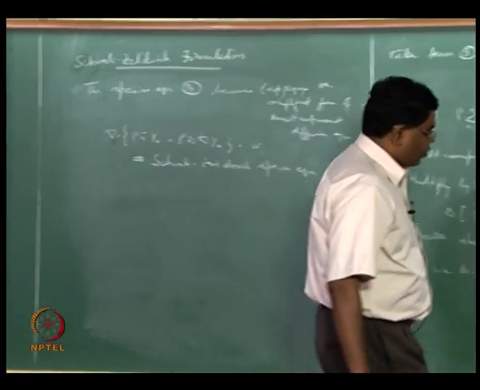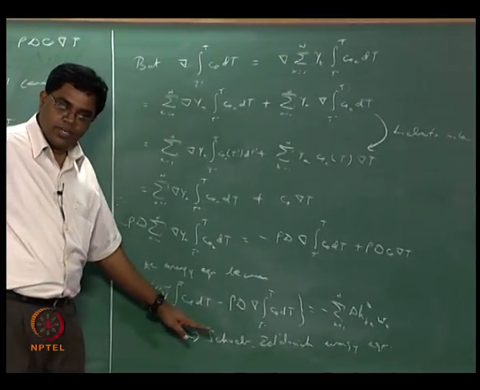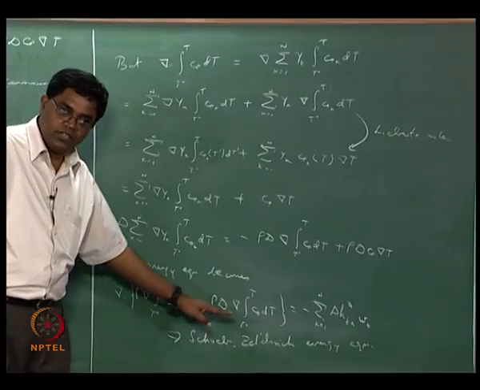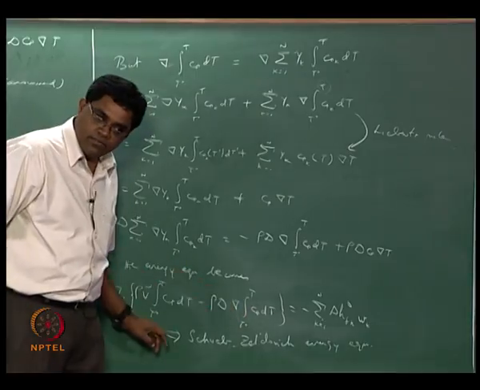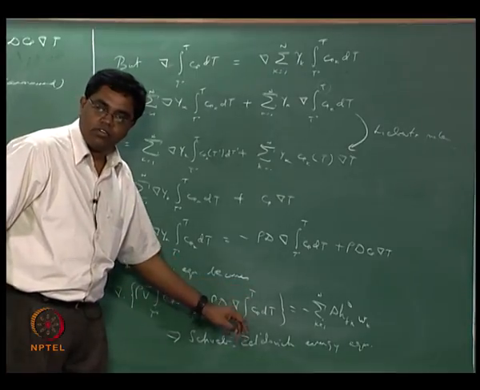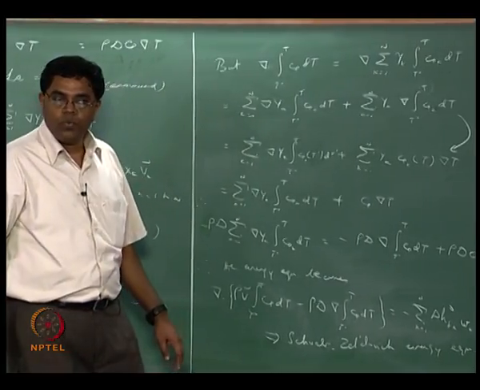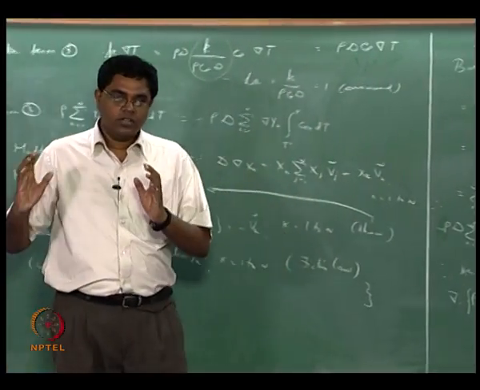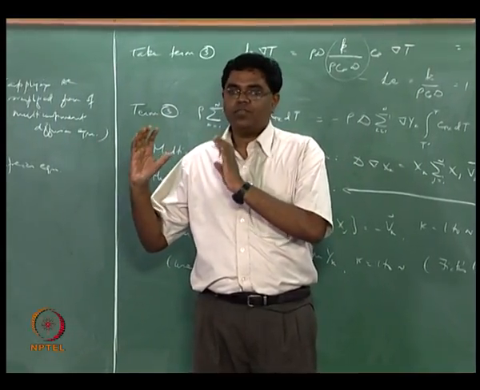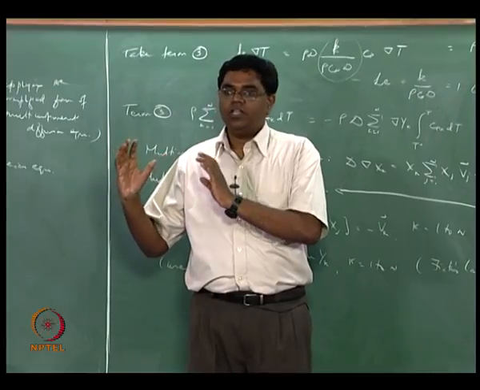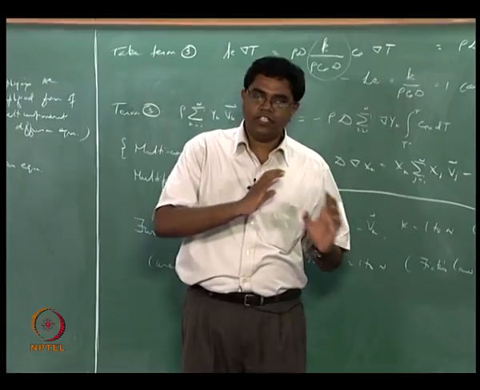Here we have rho v times something a little more complicated, integral T naught to T Cp dt, and minus rho d grad the same thing, integral T naught to T Cp dt. And what did we want? We wanted our left hand side to look like some sort of an operator that's operating upon a quantity like alpha k or alpha t.